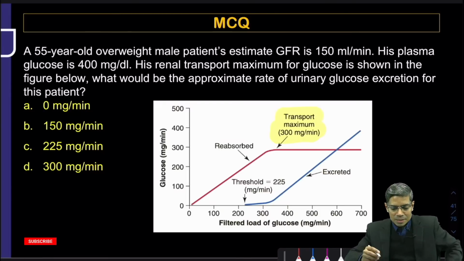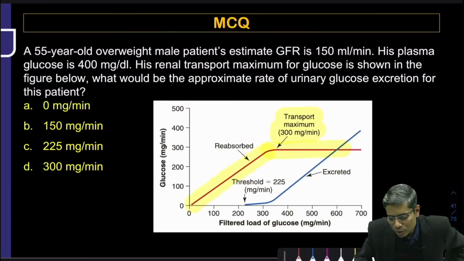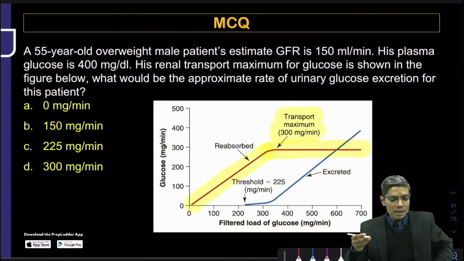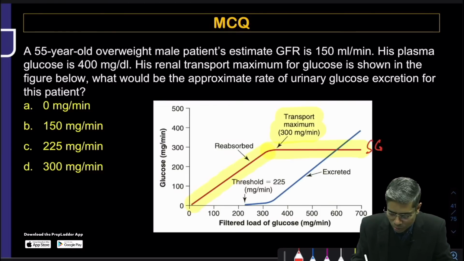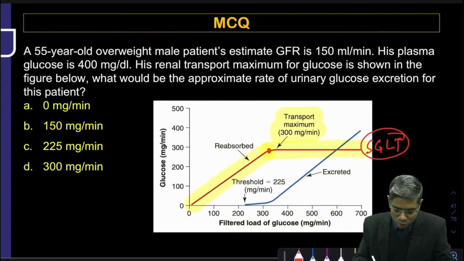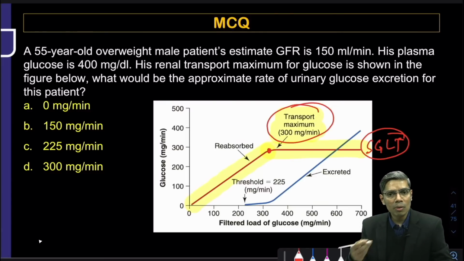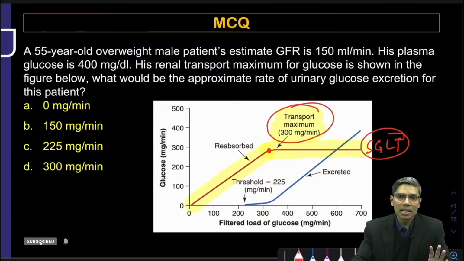So, this image is explaining that reabsorption of the glucose is happening, then there is a plateau of reabsorption, means glucose reabsorption occurs by SGLT. So, there is a limitation on how much glucose can be absorbed by SGLT transporter. Whenever there is saturation, no further increment of glucose absorption is possible, and that point where all the SGLT are saturated, that point is known as the transport maximum of glucose.